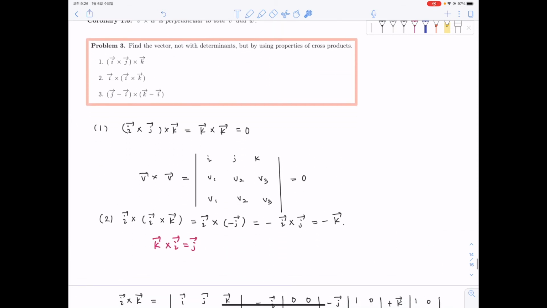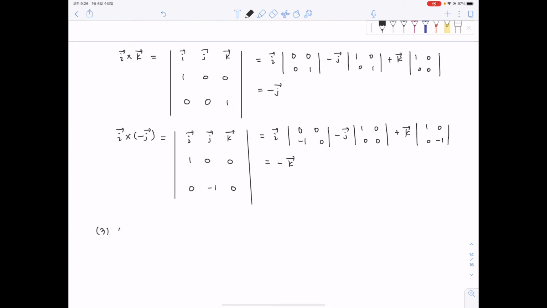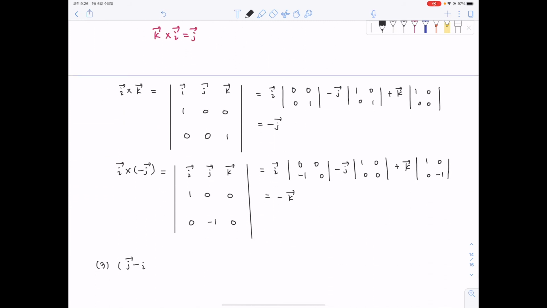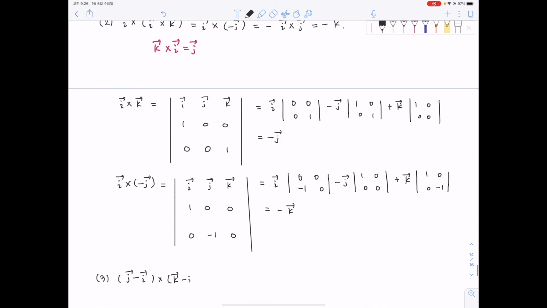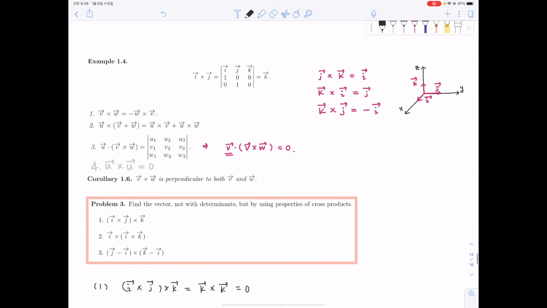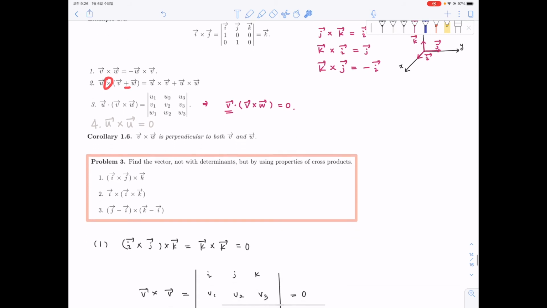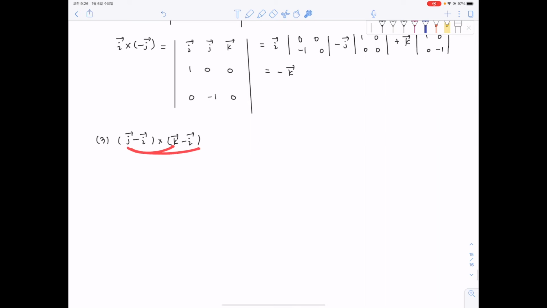So let's see the last property here, 3. j minus i cross k plus k minus i. Okay, from the second property, we know that the distributive law holds with cross product and plus notation. So in this case, we can use the distributive law.